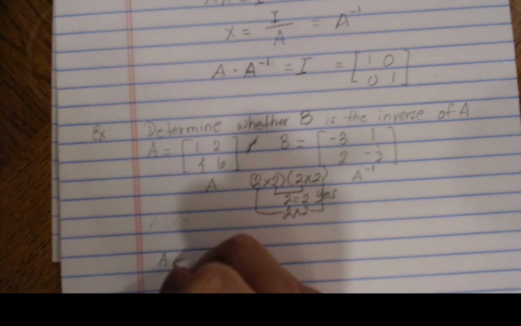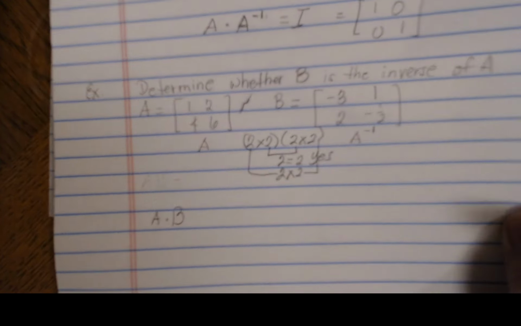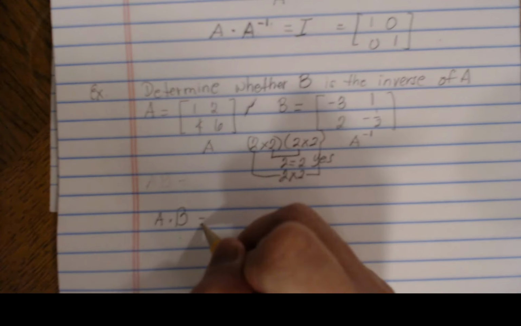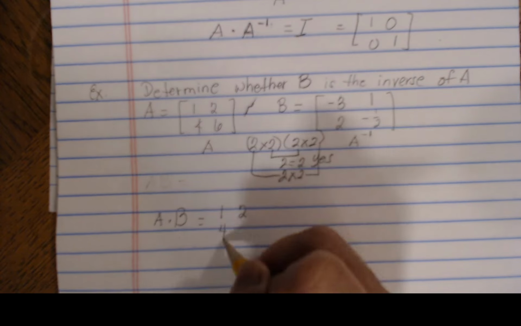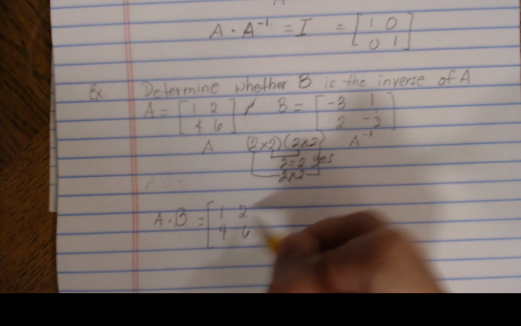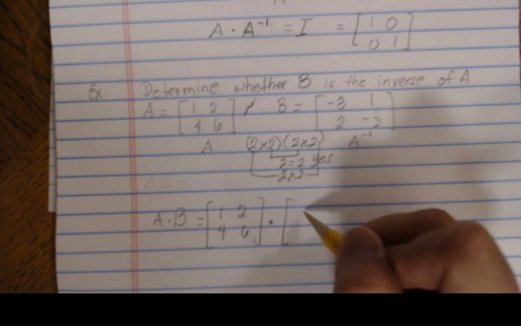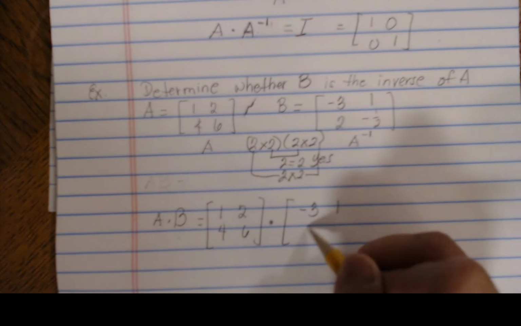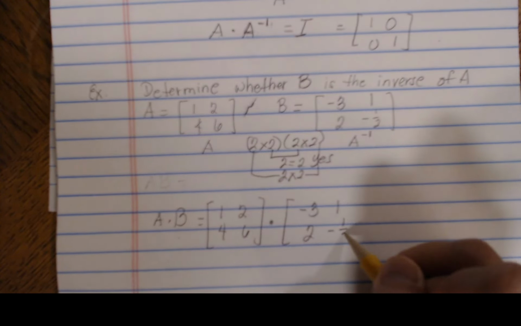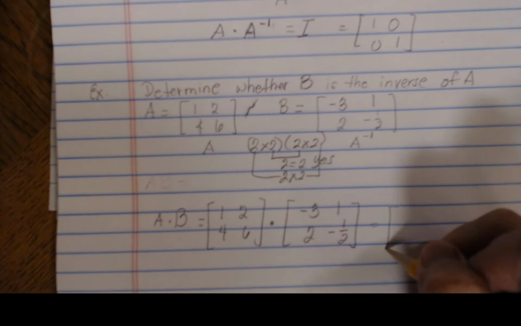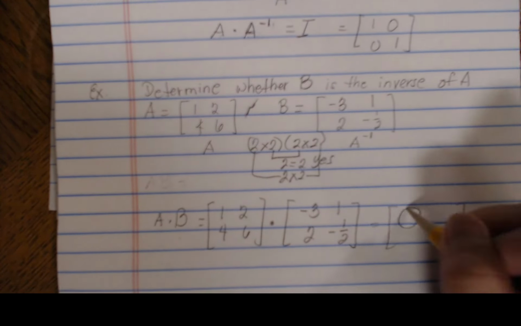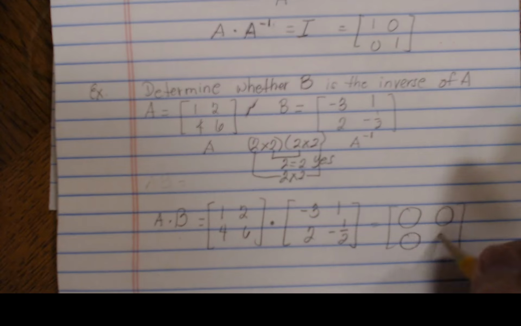So A times B: 1, 2, 4, 6 times negative 3, 1, 2, negative 1 half. Of course, I'm gonna get a 2 by 2 matrix.